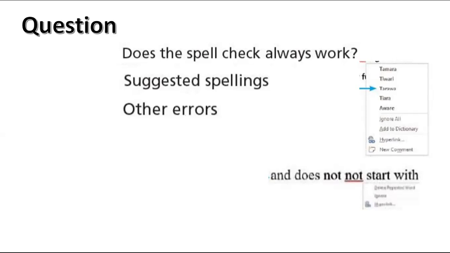But there can be other errors, and other errors may be flagged as spelling error like this on the screen. It means this example basically shows a repeated word, which needs removing. Delete the extra word to correct this error.